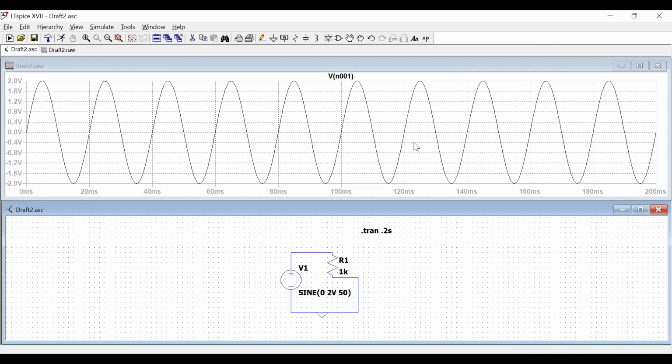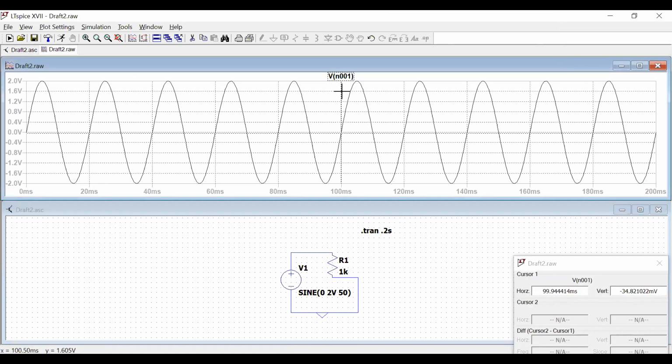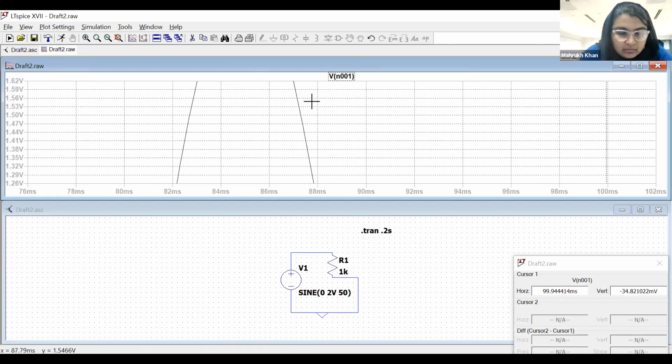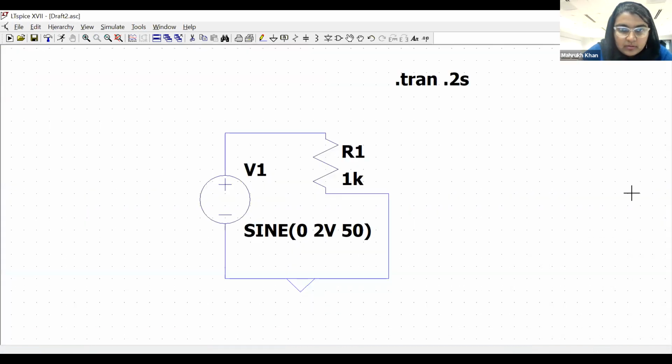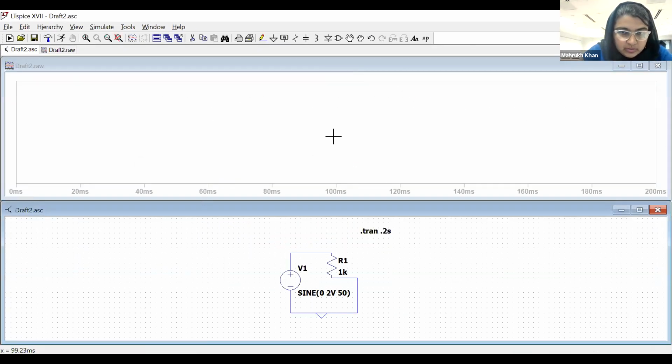The peak voltage is 4, gets divided by square root of 2, and then what? No, what I'm saying is that your peak voltage is 2 volts here, right? Your peak voltage is 2 volts.